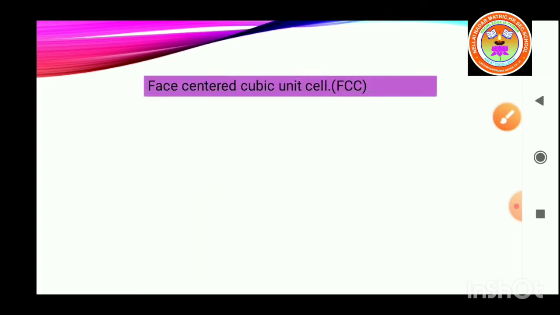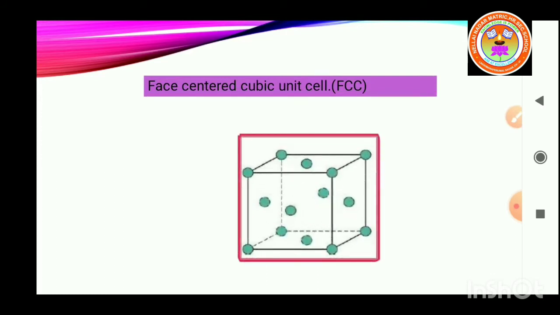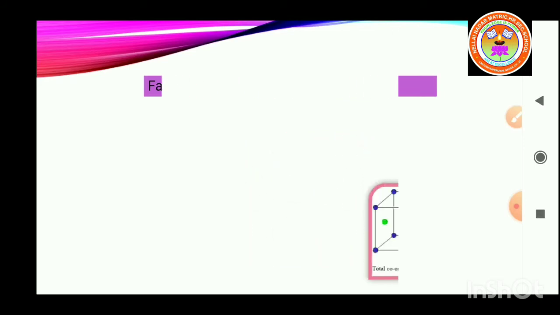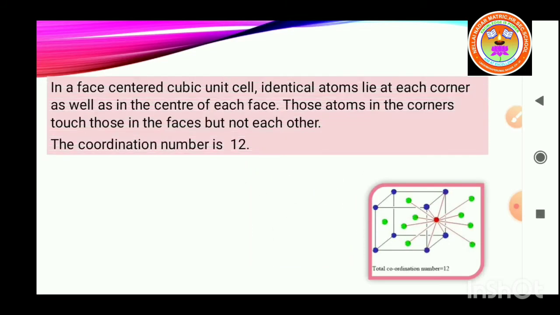What is the next one? Face-centered cubic unit cell. Yes, this is a diagram of a face-centered cubic unit cell. In this case of a face-centered cubic unit cell, identical atoms lie at each corner as well as in the center of each face.